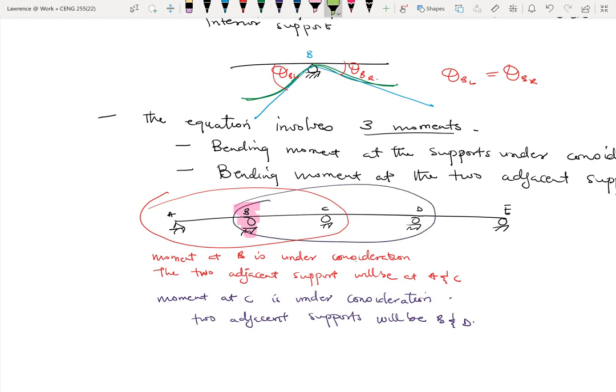Here I'll be focusing on C, and then we keep on going. For any particular problem, you might have a series of three moment equations because you have to consider every support. So every support would have to be under consideration. We'll end up with a series of bending moment equations, and then we'll solve for them. Sometimes there'll be a bit of simultaneous equations, either three unknowns or two unknowns or whatever, and we should be able to figure that out, all right?